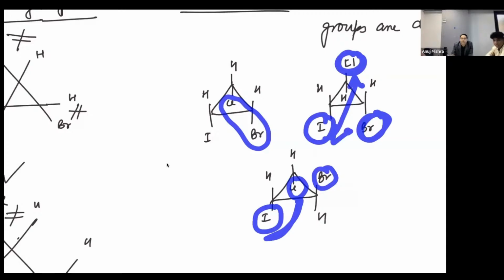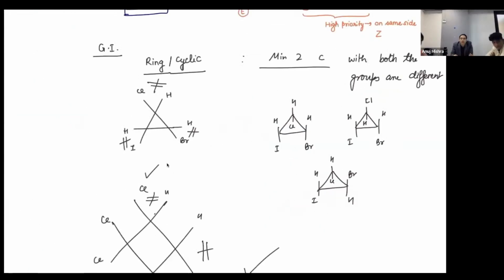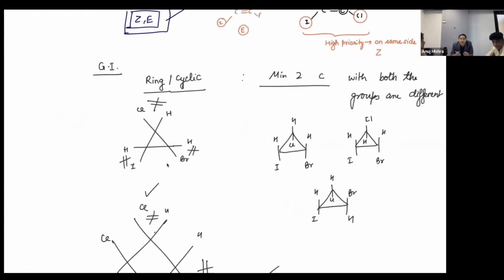Can you see? Their structures are different. So you start drawing different patterns in that case. And they're all geometrical patterns which are giving you geometrical isomers. Easy. So if you're given a ring, how do you decide whether it will show geometrical possibilities or not? Find out minimum two carbons with different groups.